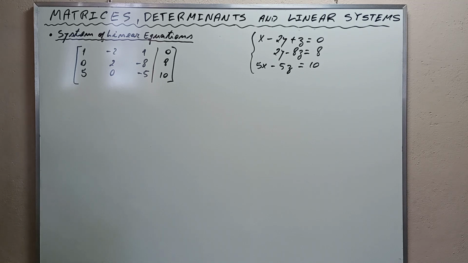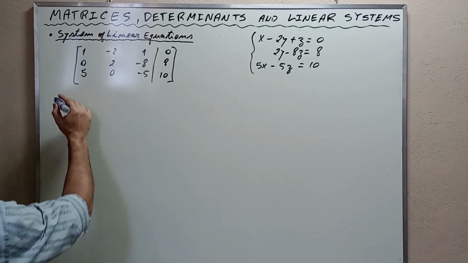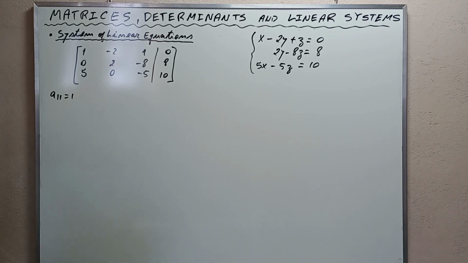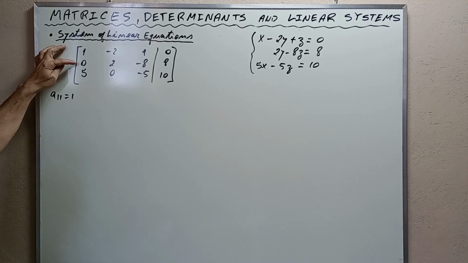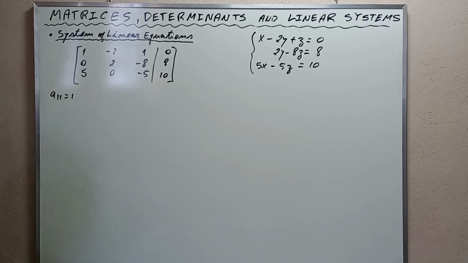The next step is to operate on the rows of the augmented matrix. We are going to use A11 equal to 1 as our pivot and place zeros below it. We already have a 0 here. We need to put a 0 here in the place of 5.